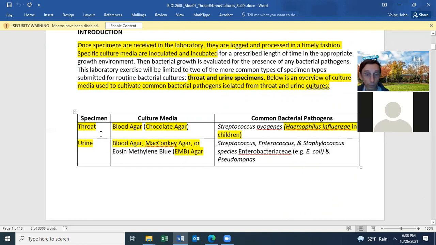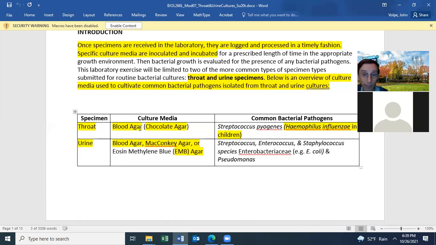So for throat, we really only use two special media, blood agar and chocolate agar. Blood agar is very good and grows many organisms. It is an enriched media, so if something won't grow on a general purpose media, oftentimes it will grow on blood agar. I'm not saying it always will grow, but it grows more things than regular general media.